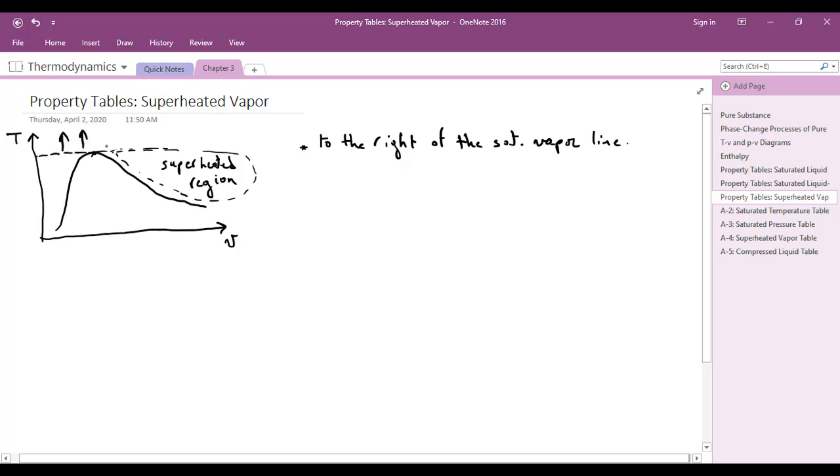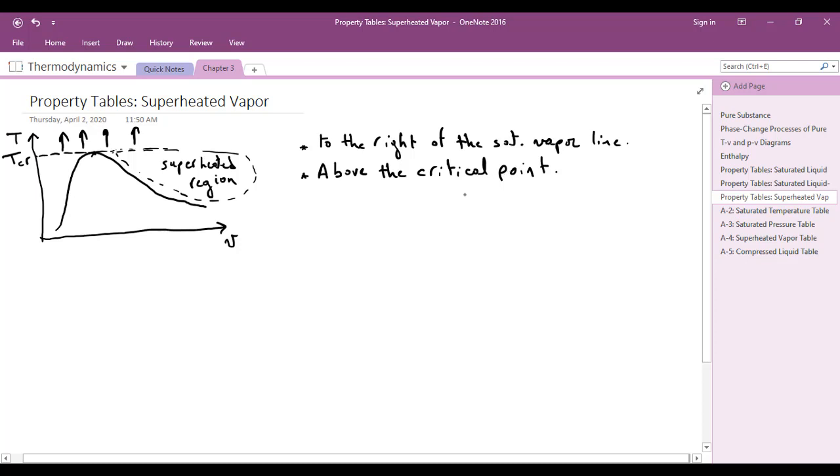So here's the T critical, so it is above the critical point. So that is the location of the superheated region.